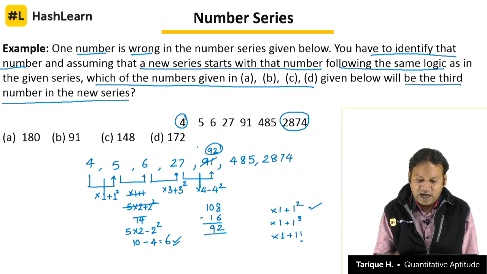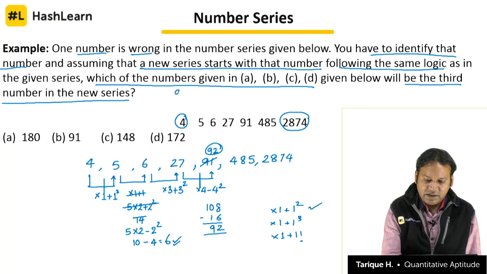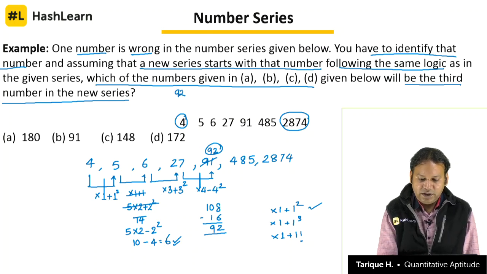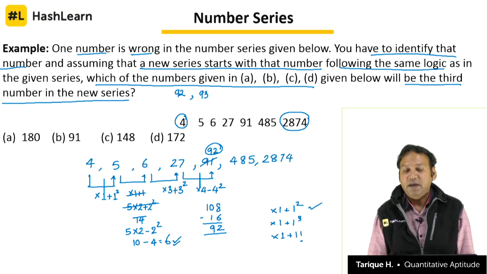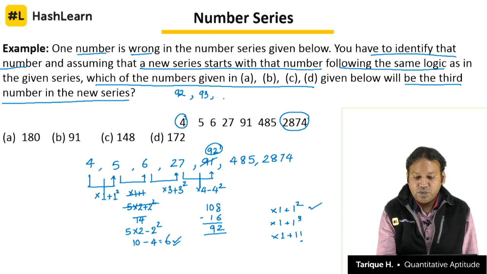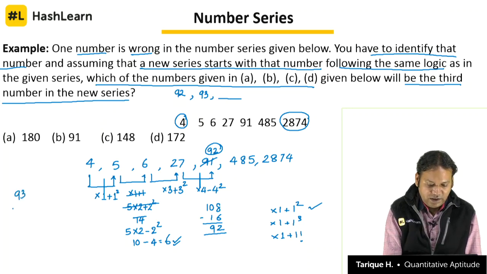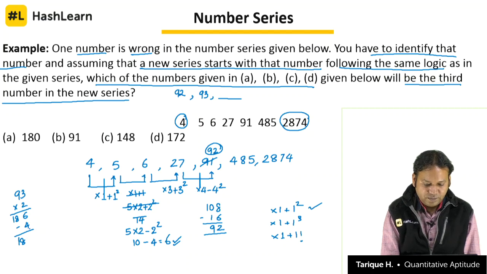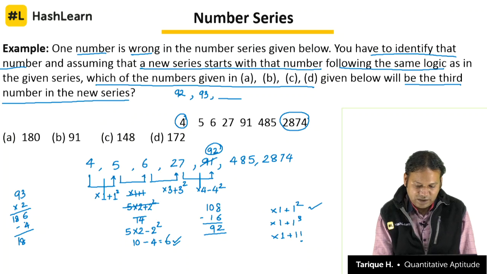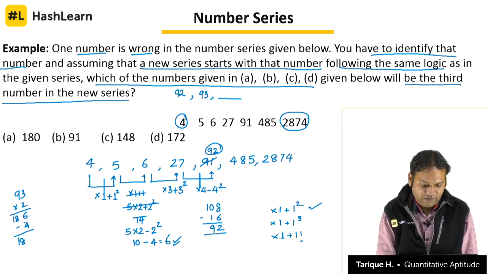Now if a new series starts with 92, if the first number is 92, 92 into 1 plus 1, that will be 93, and 93 into 2 minus 4 will give you the next number. 93 into 2, that is 186, minus 2 square, 182. 182 should be the right answer.